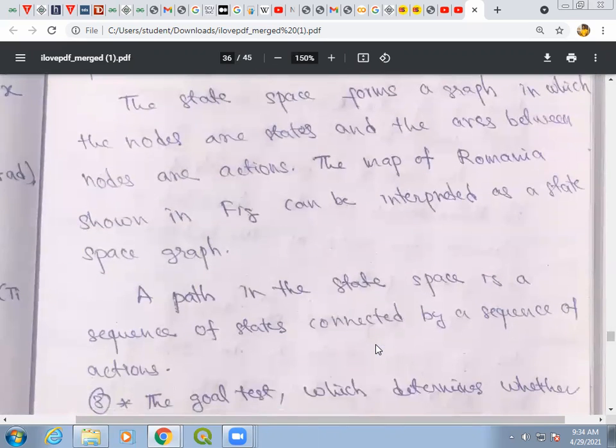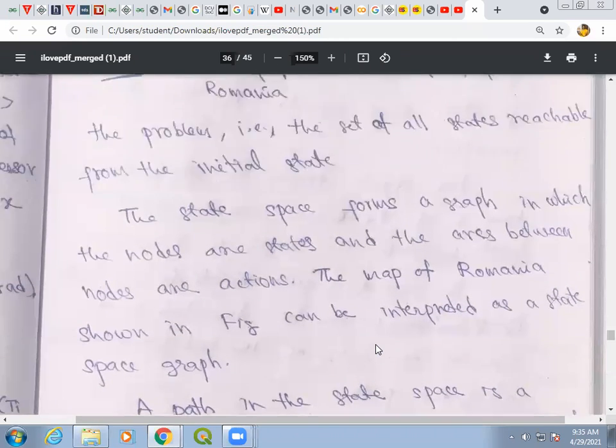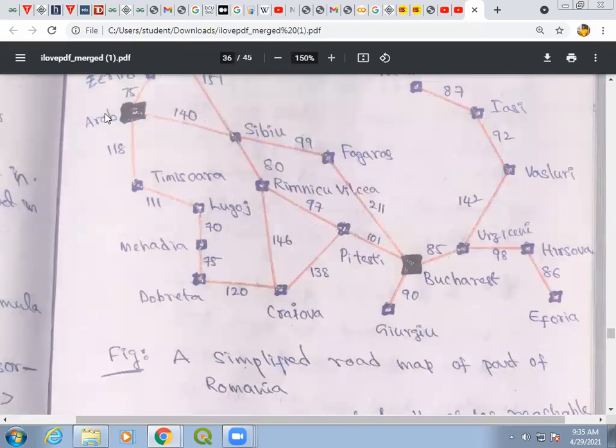Okay, so what is the path in the state space? For example, I am starting at Arad and reaching Bucharest. While reaching this, it takes the path like this: Sibiu, Fagaras, then it reaches Bucharest. What does the path indicate? The path indicates the sequence of actions it is taking and the sequence of states it is reaching.